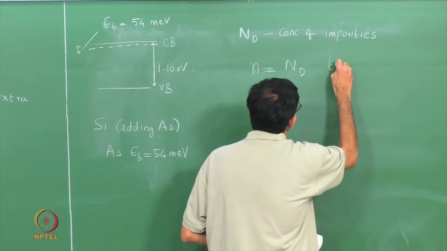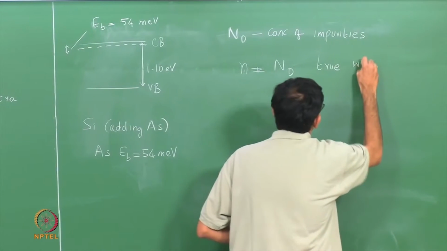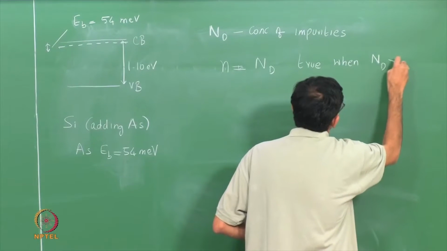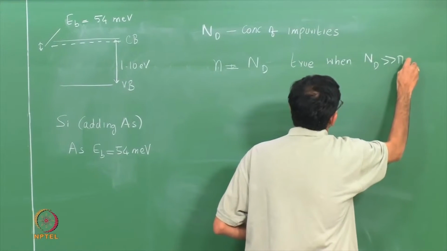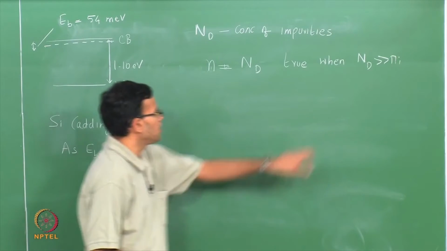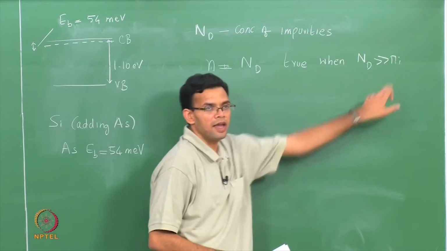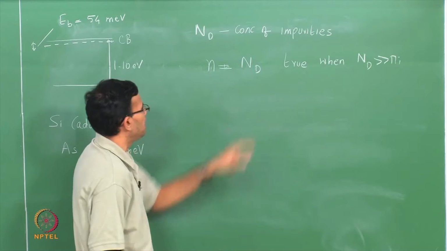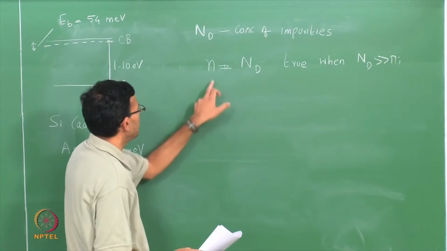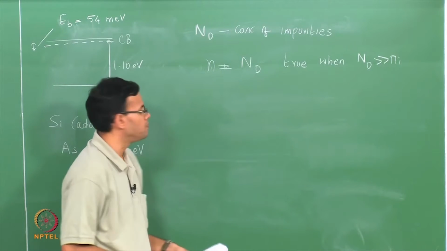This is true when Nd is much higher than the intrinsic carrier concentration. So, as long as Nd is much higher than Ni and all the atoms are ionized, which is true in the case of silicon, we will find that N is same as Nd.